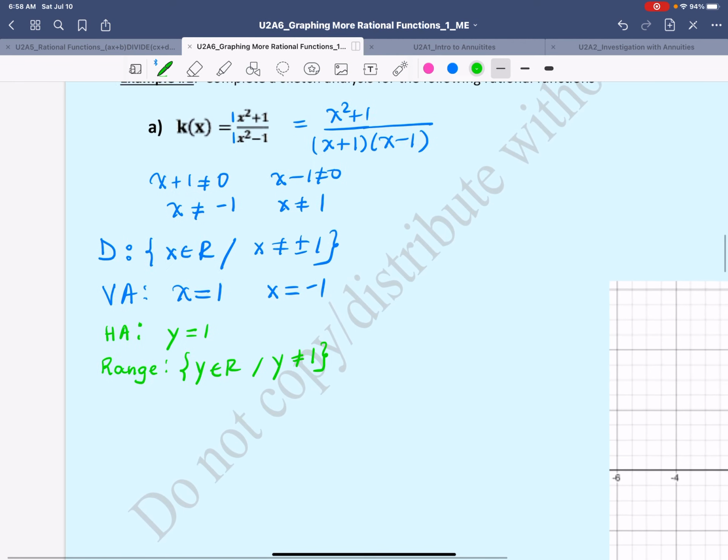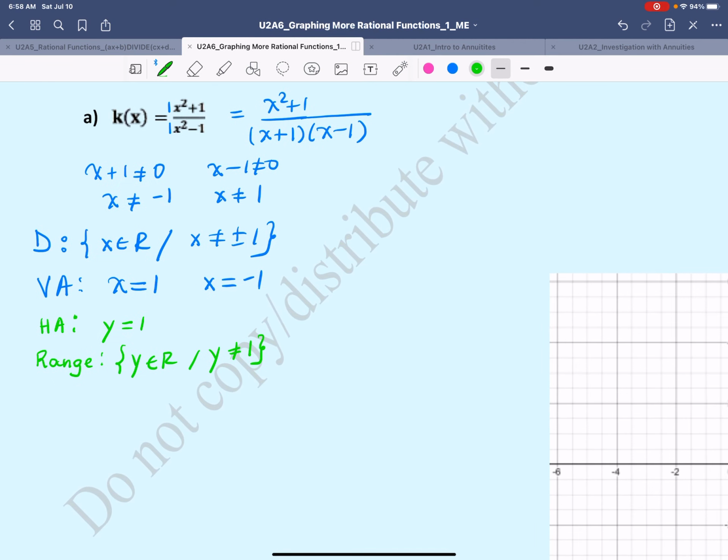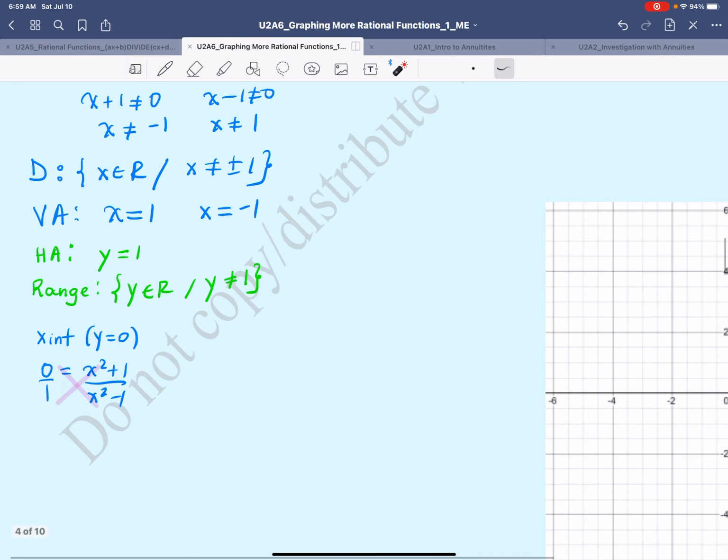Next, we'll look into the x and the y intercept. For x-intercepts, we make y equal to 0, which means that 0 equals x squared plus 1 over x squared minus 1. We can solve this simple rational equation by cross multiplication, or we can also solve the equation by making the numerator 0, because basically a division will be equal to 0 if the numerator is 0.